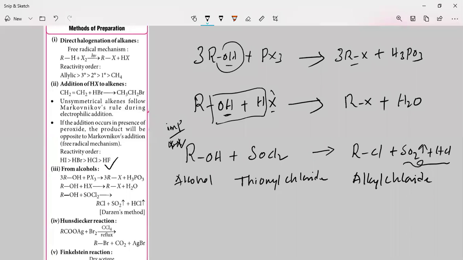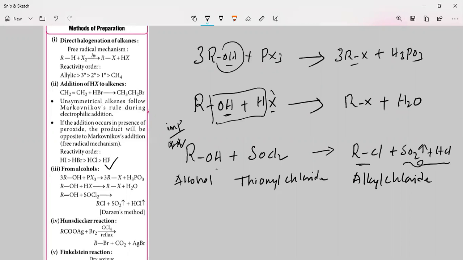The byproducts SO2 and HCl are both gases, so they can easily evaporate, leaving behind the main product. That means in this reaction there is no need to separate the main product from byproducts. The byproducts being gases easily escape from the reaction, leaving behind the product. So that is the reason this is the best method for preparation of alkyl chloride from alcohol.